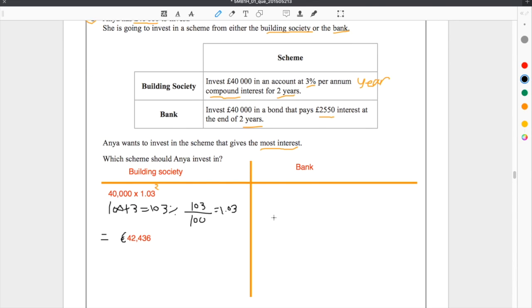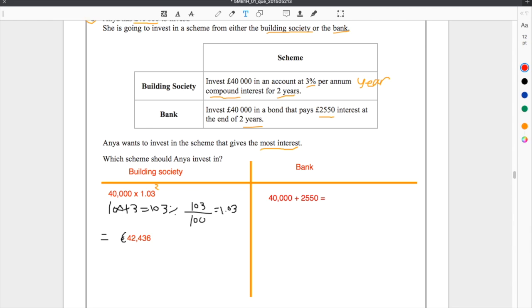Now for the bank, which is clearly simpler than the building society, because we simply do 40,000 plus 2,550, because it's a fixed amount of interest at the end of 2 years. Type that into the calculator.